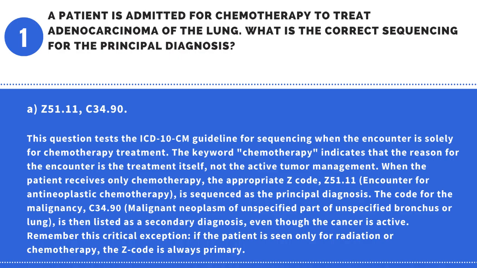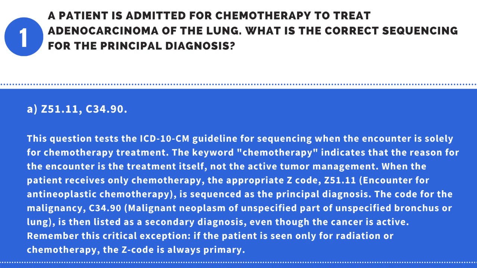This question tests the ICD-10-CM guideline for sequencing when the encounter is solely for chemotherapy treatment. The keyword chemotherapy indicates that the reason for the encounter is the treatment itself, not the active tumor management. When the patient receives only chemotherapy, the appropriate Z code, Z51.11, encounter for antineoplastic chemotherapy, is sequenced as the principal diagnosis.